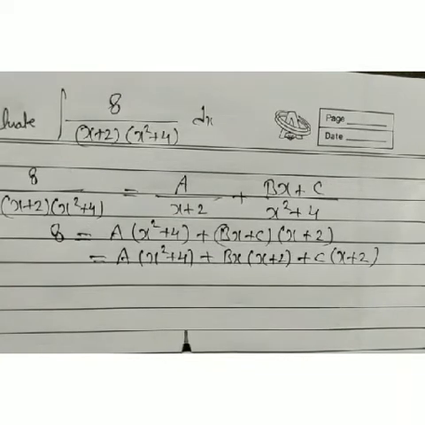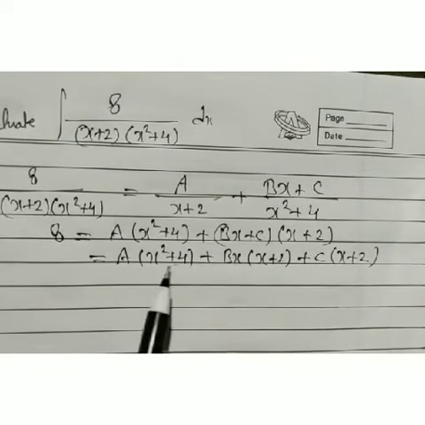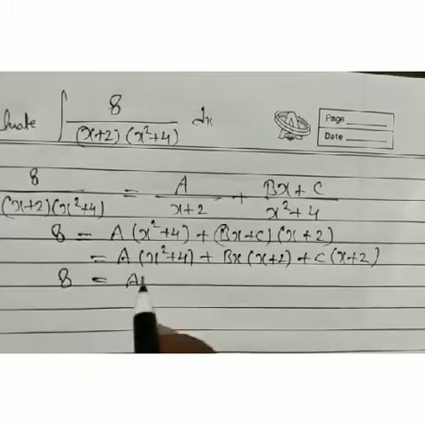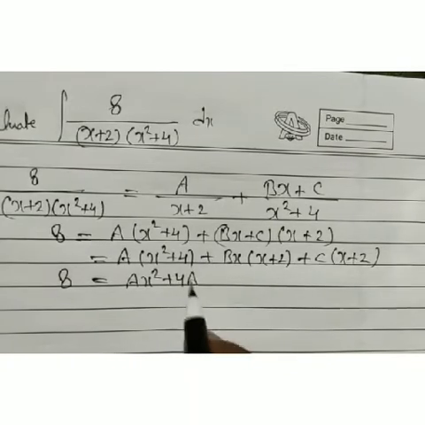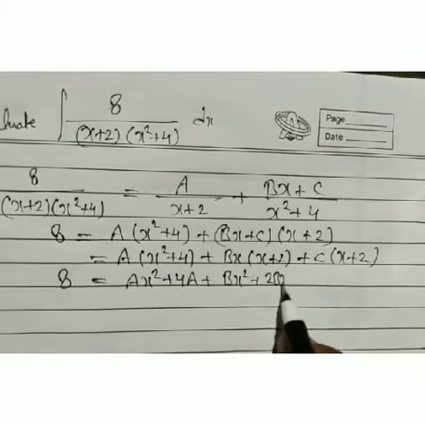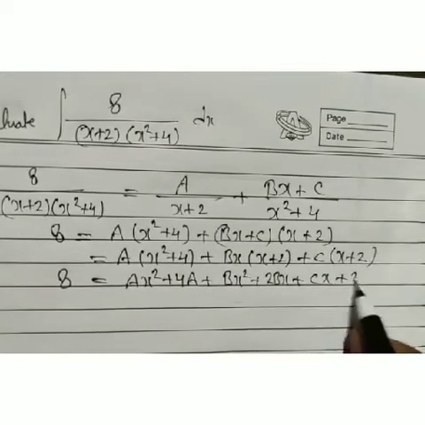Now we are going to compare the coefficients of x square, x and the constant. First of all, write down 8 is equal to ax square plus 4a plus bx square plus 2bx plus cx plus 2c.